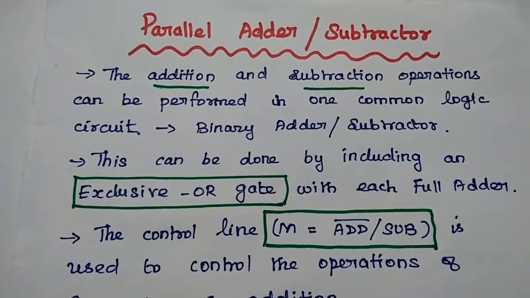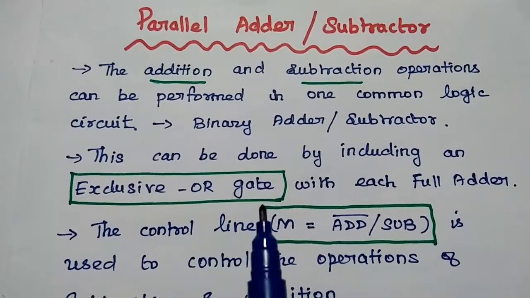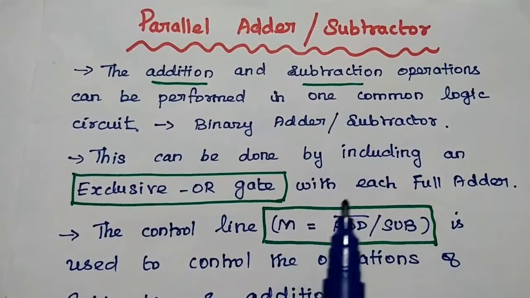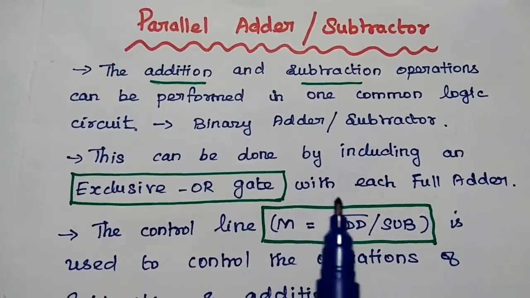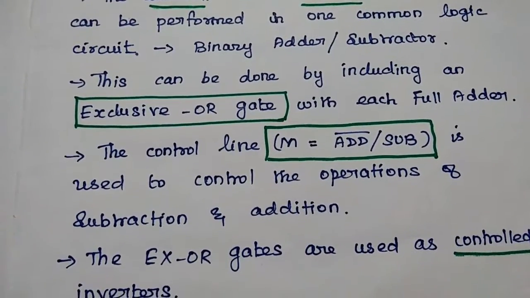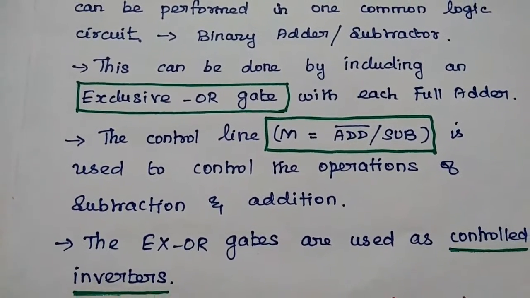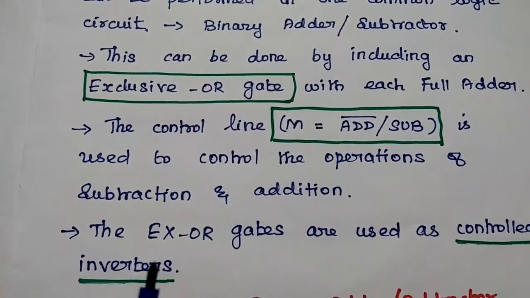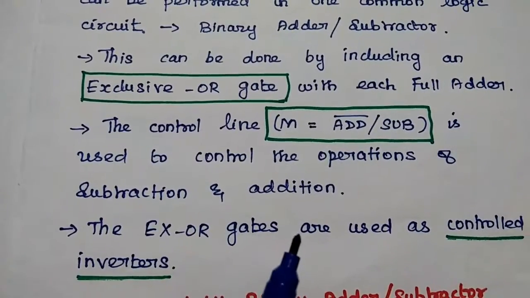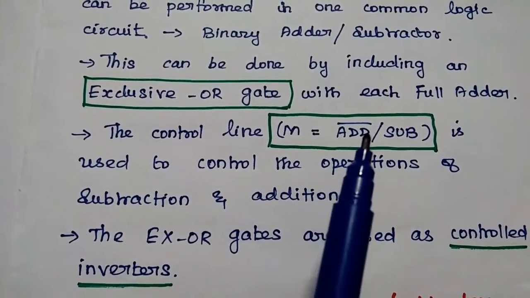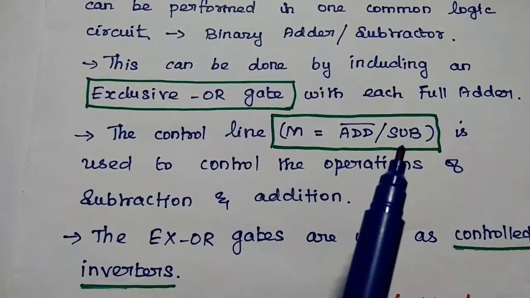So here we are going to use exclusive OR gate along with the full adder to control the operation of addition and subtraction. Here the control line, which is denoted as M, is used to control or select the operations of subtraction and addition. M is nothing but add bar or sub.